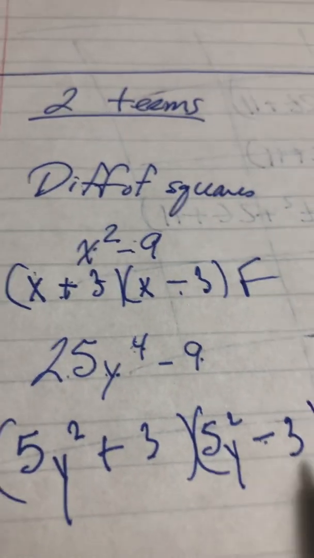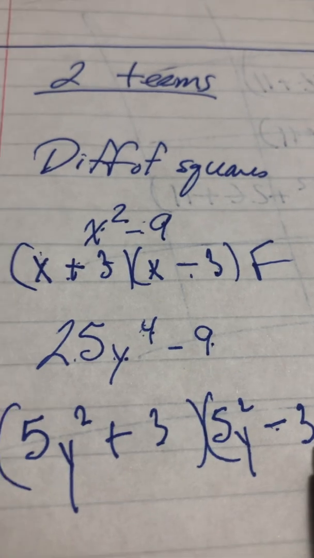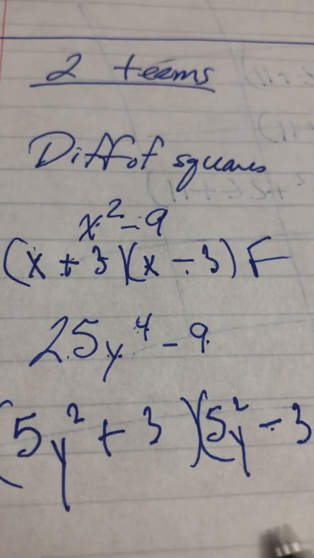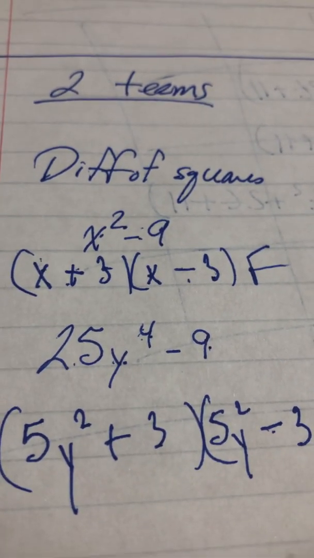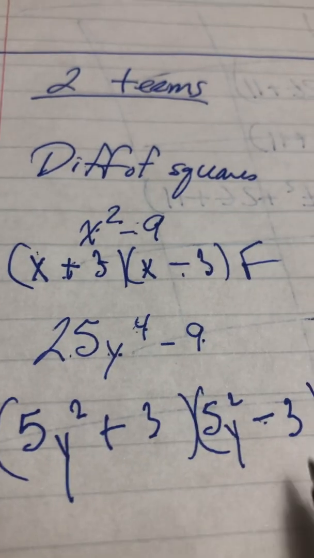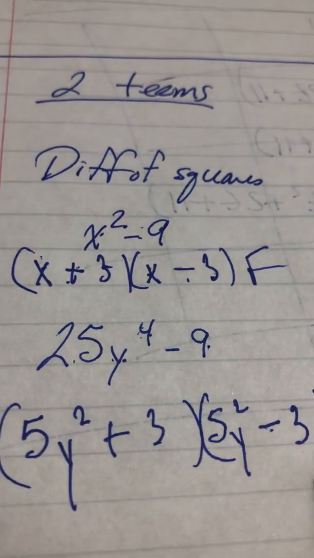Now, if the 5 and the 3 had square roots, we could do another difference of squares here. But 5 doesn't have a square root. That's nice, nor does 3.